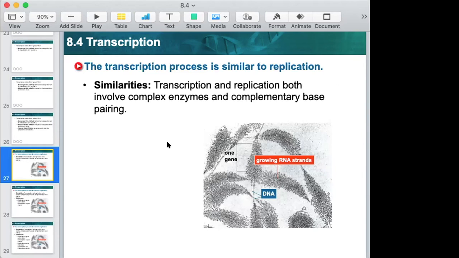Replication uses DNA polymerase. Transcription uses RNA polymerase. And they complementary base pair. That means that if they see an A base, they add a T, and that's for DNA. But if they want to make an RNA, when they see an A base, they add U. If they see a C base, they add G.